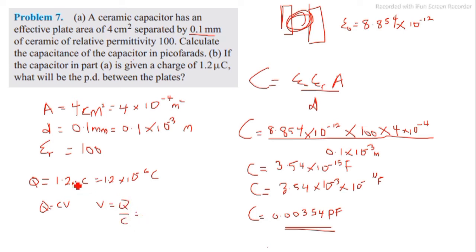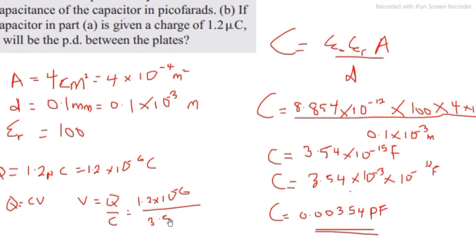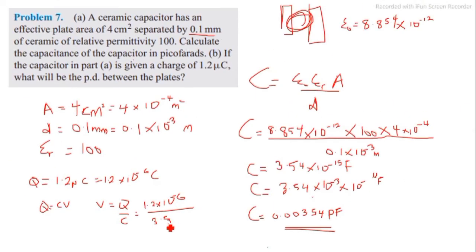And what's your Q? Your Q is given as 1.2 times 10 to the power minus 6. And your capacitance is 3.54 times 10 to the power minus 15.